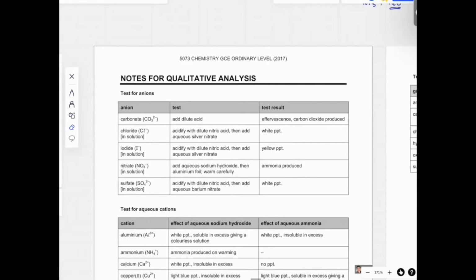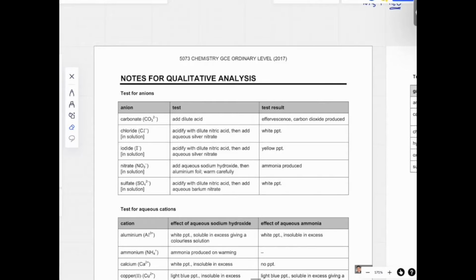To confirm the ammonia, you must test using litmus paper. Color change from red to blue, because ammonia is alkaline.